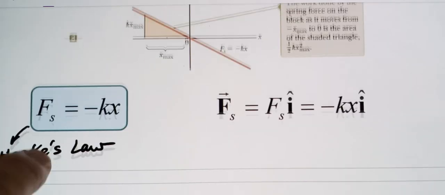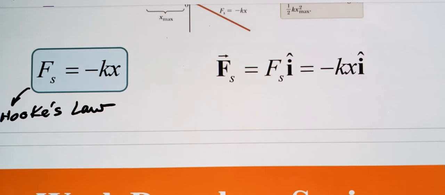However, if we are talking about the gravitational force or the human force that compresses or elongates the spring, then it is F equal to kx.